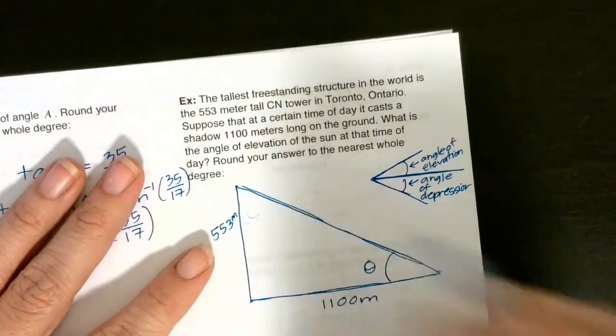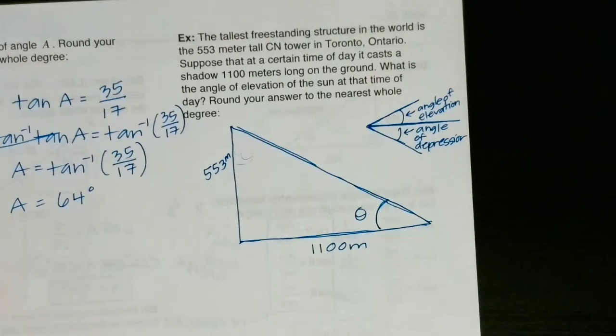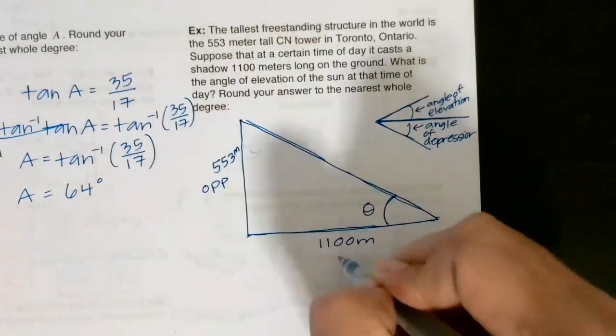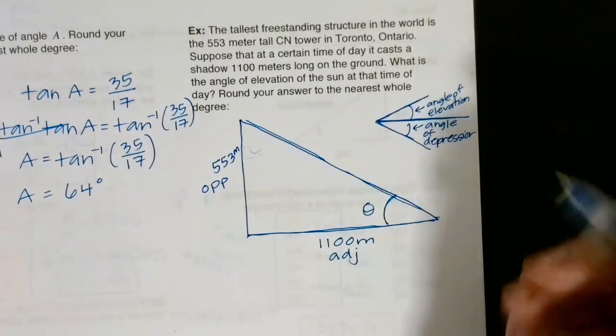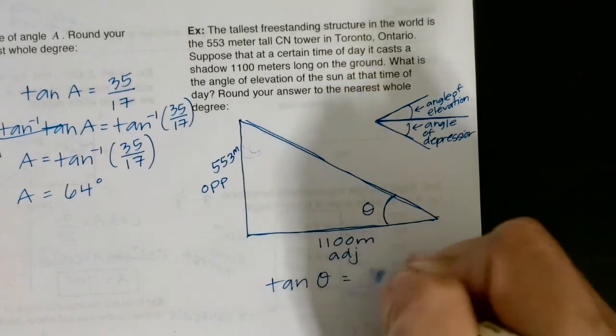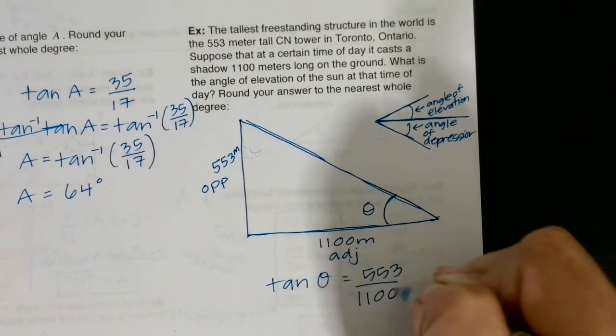The shadow is being cast by the sun. That's the angle of elevation. From the ground, you're elevating up to the sun. Okay? So we're going to do opposite and adjacent. So that's going to be tangent. So the tangent of theta equals opposite over adjacent.